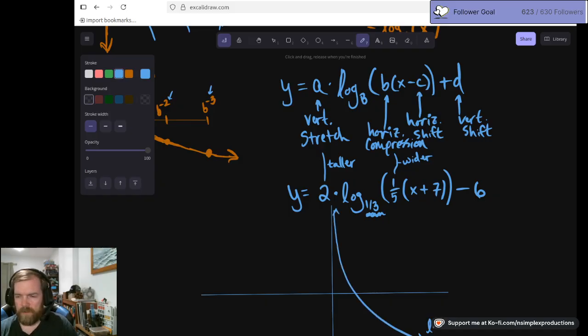So this is going to be log base 1/3 of x without any sort of modification to it whatsoever. There is also an asymptote at x equals 0. We didn't really mention it before, but anybody who's studied pre-calc before, you should know. Horizontal shift, this is going to the left 7, and this is going down 6.